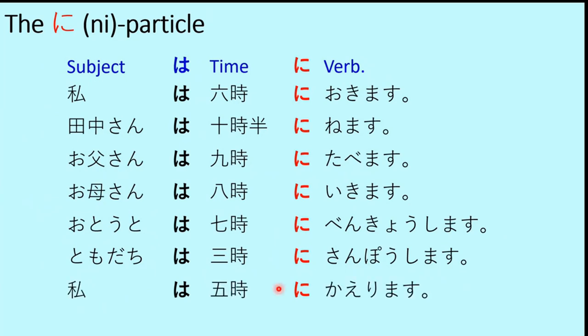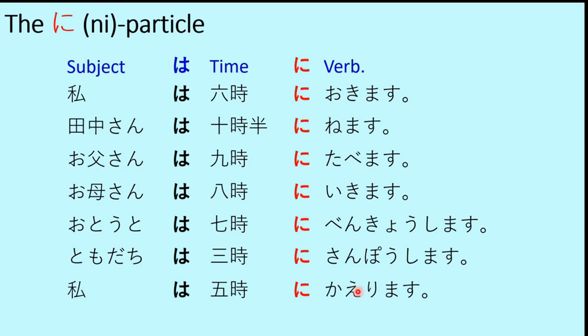And the last one for today's practice is watashi wa 5時に kaerimasu. I will return back home at 5 o'clock or 5 p.m. I had explained in the last lesson when to use kaerimasu. Kaerimasu means when someone returns to his own home or his native place.